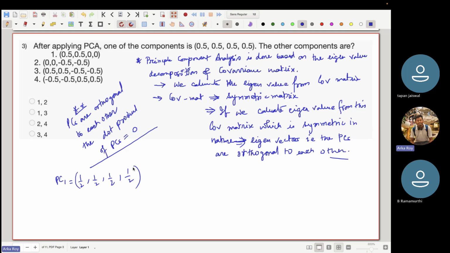You have to identify from the answer options which of these correspond to the other principal components. So what would be the logic to find the other principal components based on the discussion that we have done?